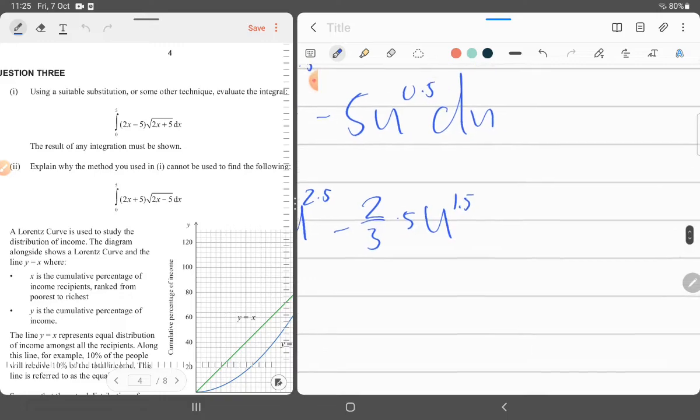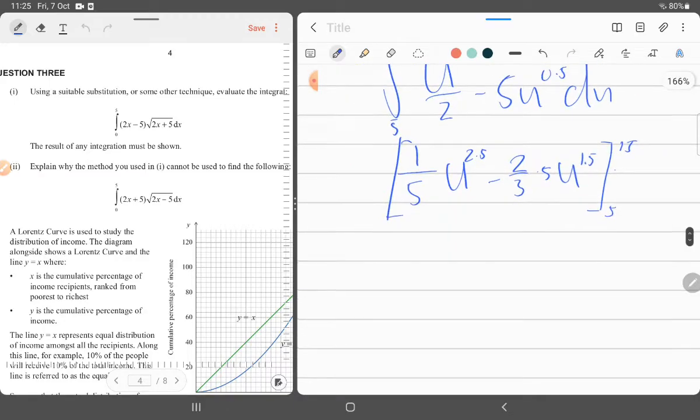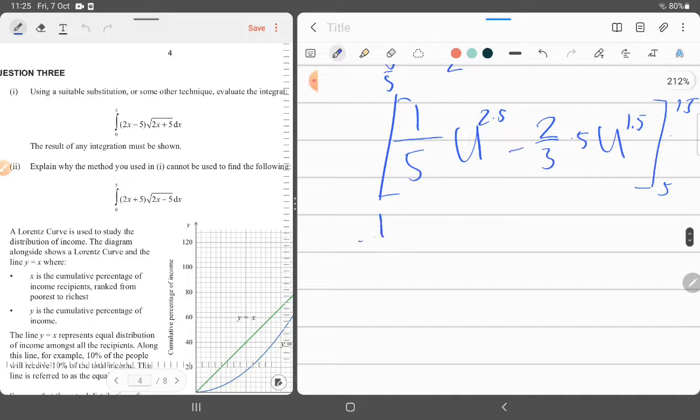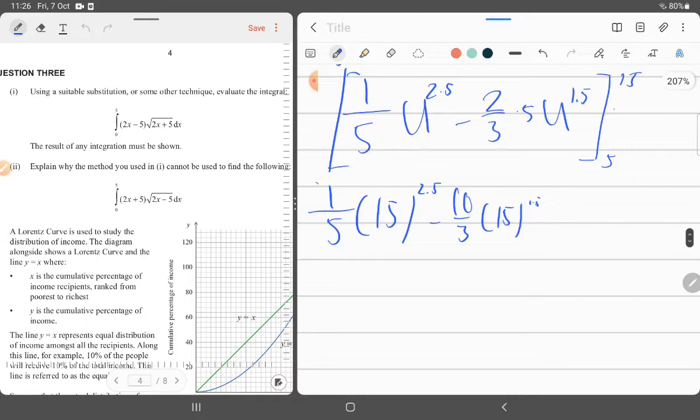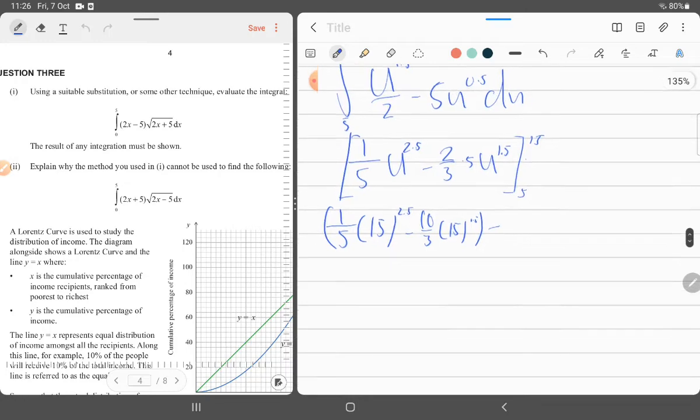Take away, I don't think there are any constants you can pull out.